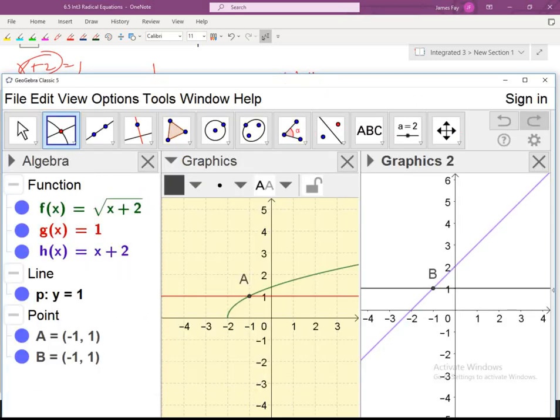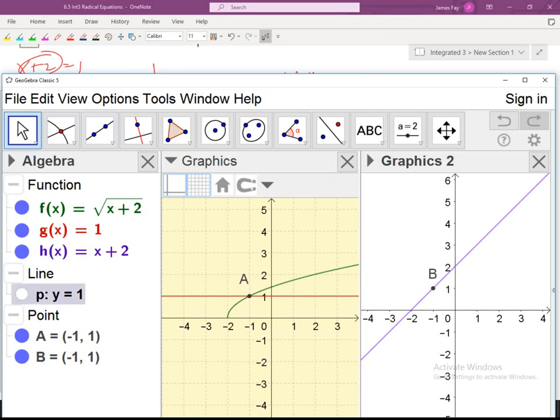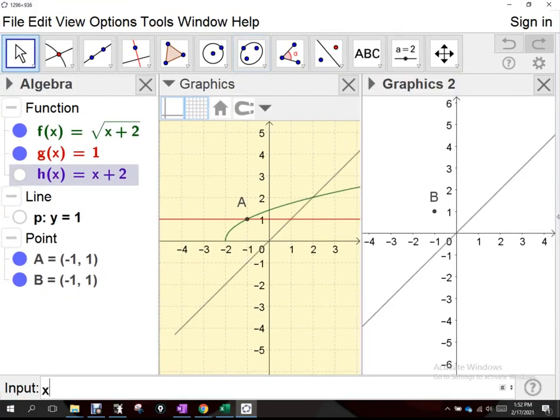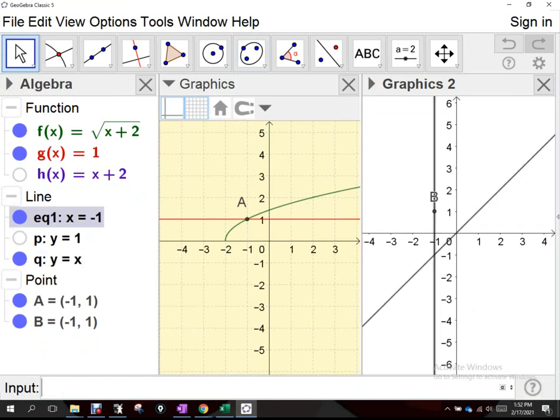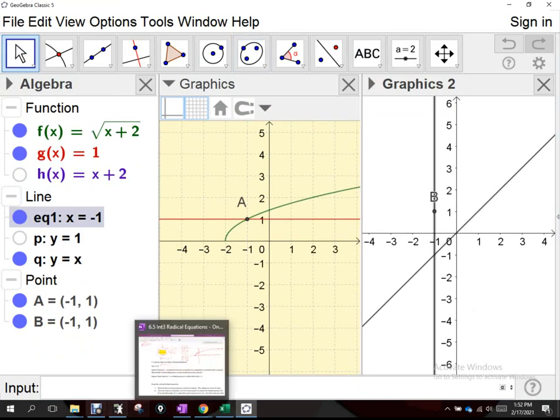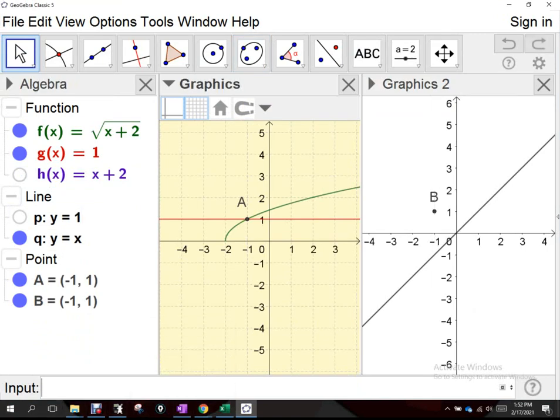So I don't have a third graph here, but I could graph x equals -1. Actually, sorry, it should be y equals -1. There we go. Y equals -1.